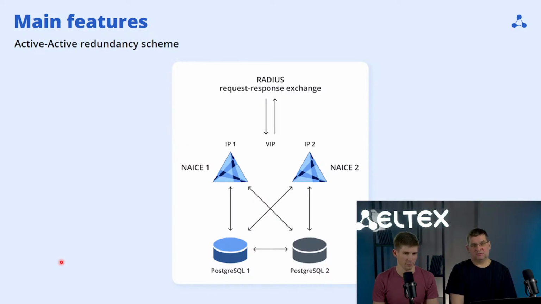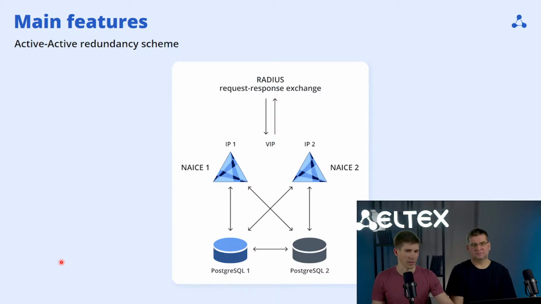Both NAICE nodes work in an active redundancy scheme, and we use a virtual IP address which can migrate between these nodes, and this allows us to use only one IP address in the settings of network devices and quickly switch during the failure of one of the nodes.